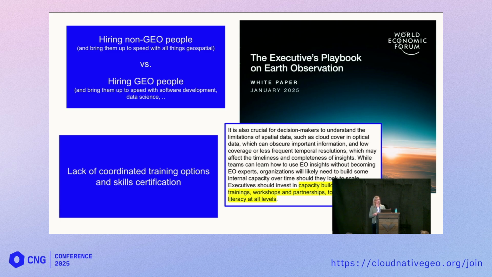But then if they want to advance or ask for a salary raise, there's not so much option to have a certification or a proof that they actually have the skills that enable them to change role or to advance in their career. And the same from the employer side: it's often difficult to verify and assess if a person has a specific skill set that would qualify them for a different role or for a salary increase.